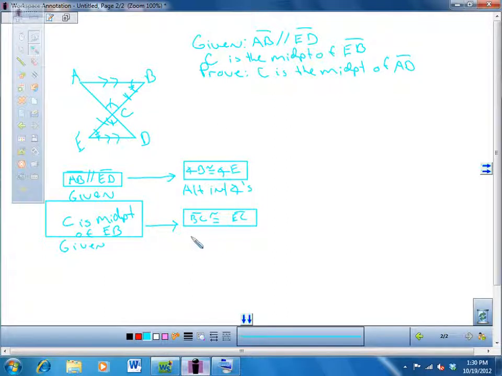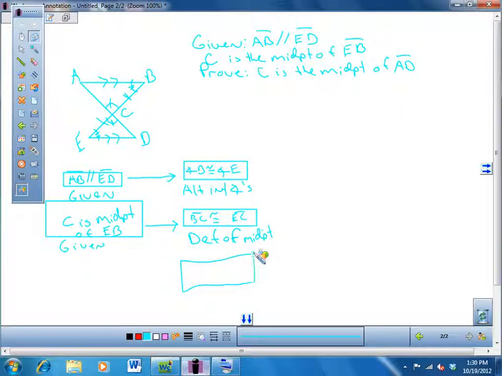Oh, and the reason for this is definition of a midpoint. Definition of a midpoint, because a midpoint is a point that divides a segment into equal pieces. Okay? And then the third piece of information that I used was that I have a pair of vertical angles there. Okay?